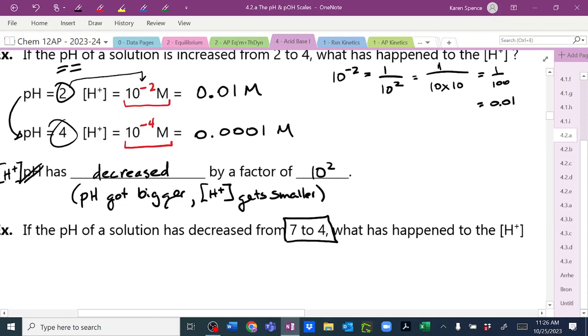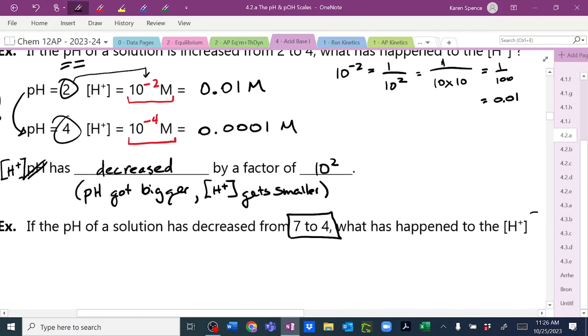What has happened to the hydrogen ion concentration? First of all, you can say pH got lower, therefore concentration of H plus, did it increase or decrease? Increased.